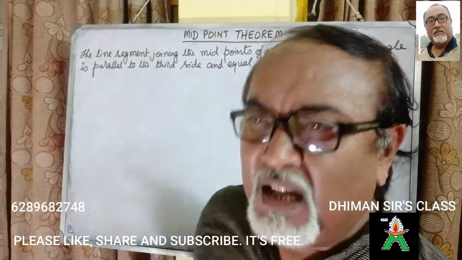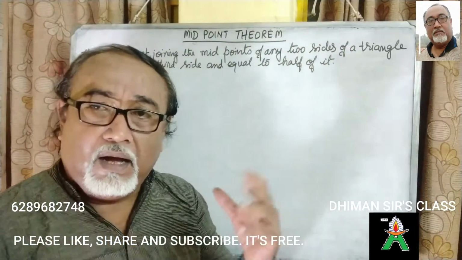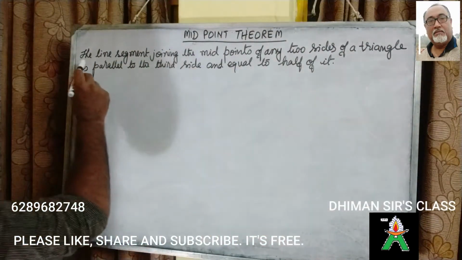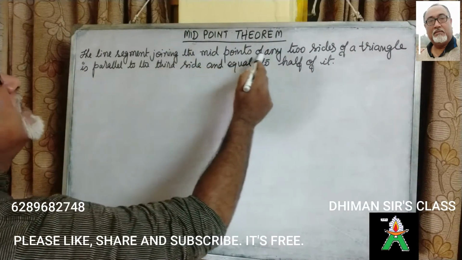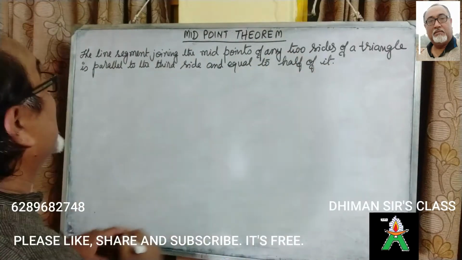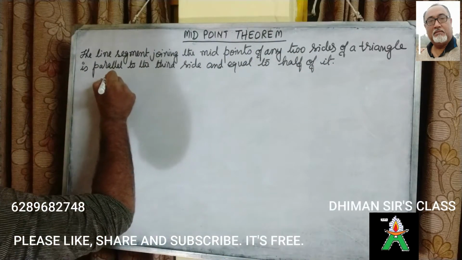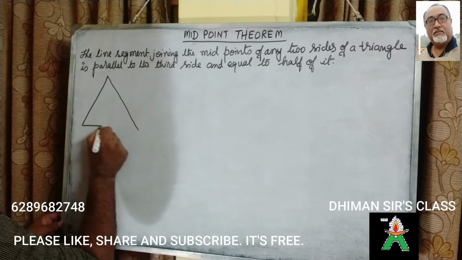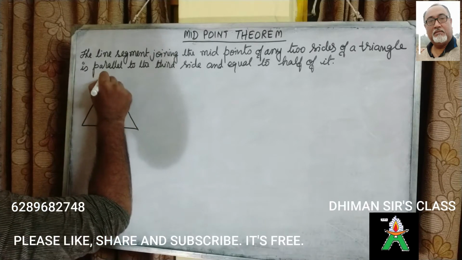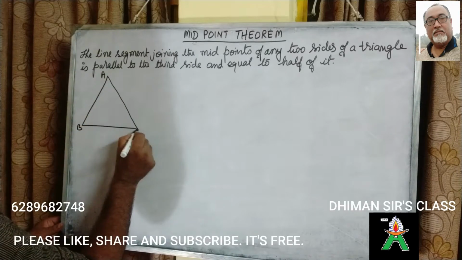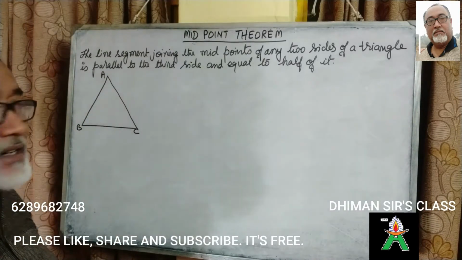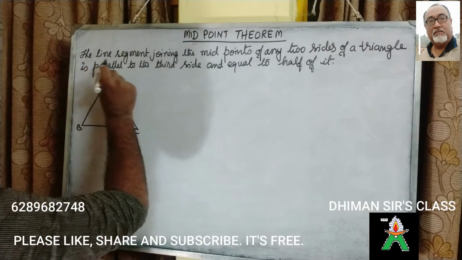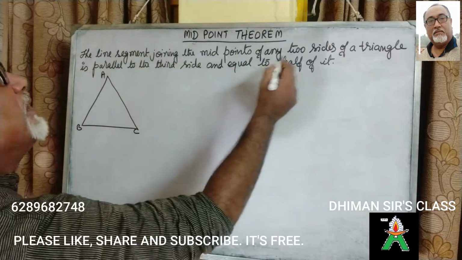Let us start with a diagram. First, a line segment joining the midpoints of any two sides of a triangle. So first of all, we need a triangle. See, this is a triangle ABC. And the line segment joining the midpoints of any two sides.